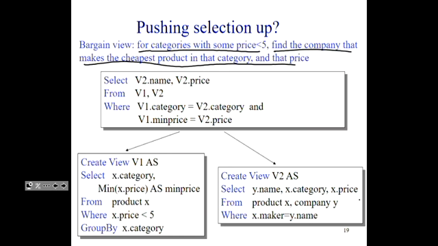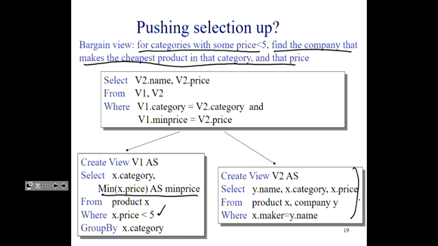View 1 is basically selecting the minimum price for each category, and I want to ensure that there is some price in that category that's less than 5. So I'm finding the minimum price for each category, and I want to ensure that there is some price within that category that's less than 5.